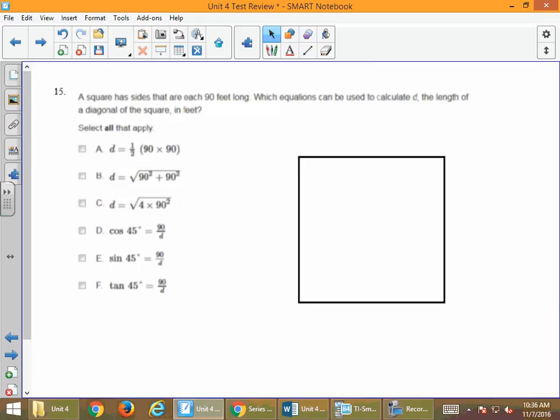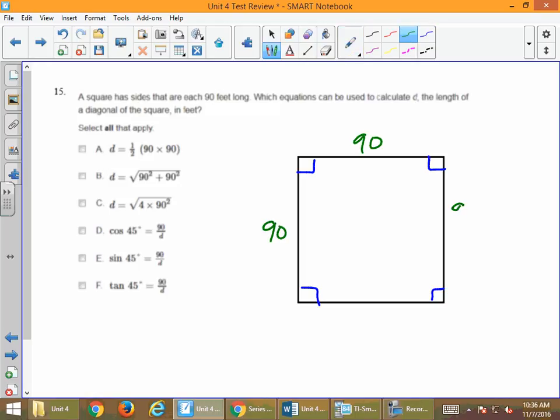We have our square. What do we know about all the angles of a square? They're the same, and their measures are 90 degrees. What did it say about the sides of the square? They're all 90 as well. And then we have the diagonal.